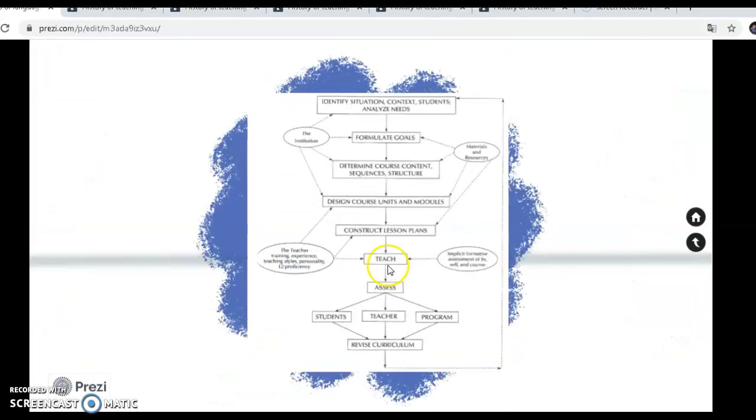Brown, for example, establishes as a main core the institution, the materials make part of the goals, determine the course content and the sequences of the structure, the design course, and the institution.